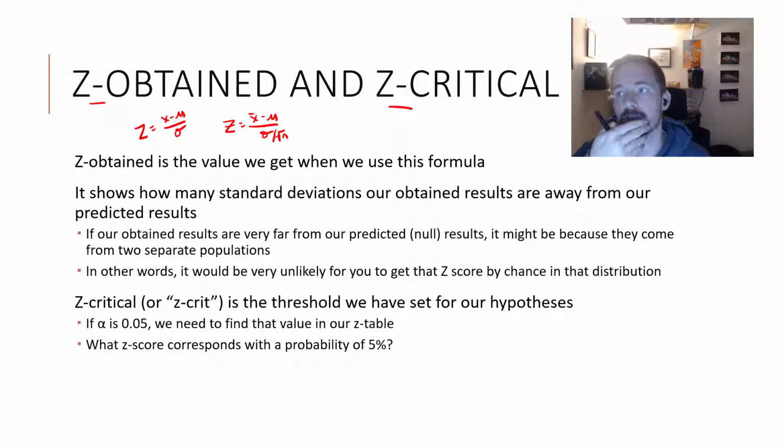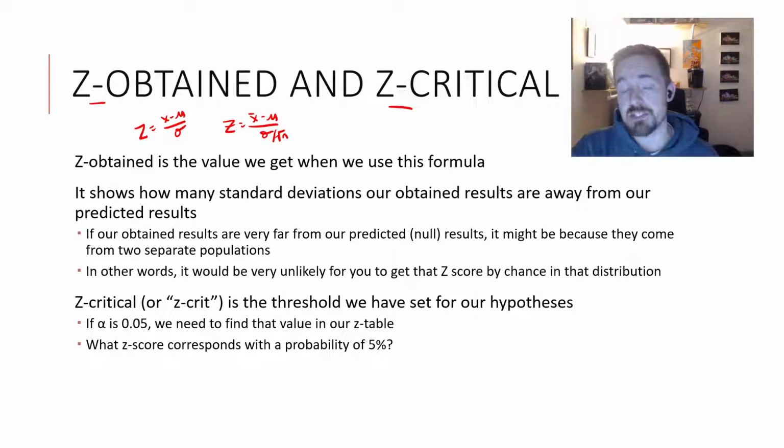Well, let's say that you have some predictions about this new batch of clients that you're working with, and you notice that they seem to have really high scores on depression or something like that compared to the folks that you normally get.